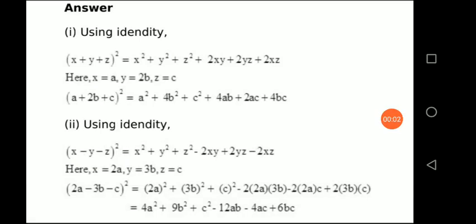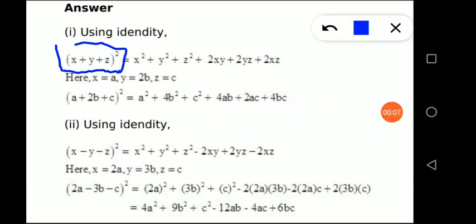After comparing the question with (x plus y plus z) whole square, we get x is equal to a, y is equal to 2b, and z is equal to c. And thus we will apply this formula (x plus y plus z) whole square, which is equal to x square plus y square plus z square plus 2xy plus 2yz plus 2xz.